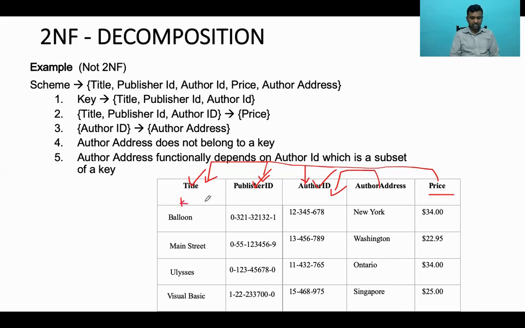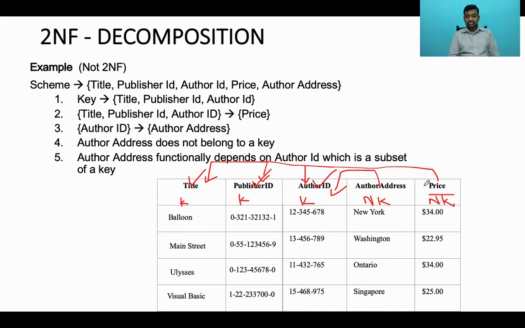Author address is a non-key attribute, and price is a non-key attribute too. And then what is the rule of second normal form? A non-key attribute must be fully functionally dependent on all the key attributes.